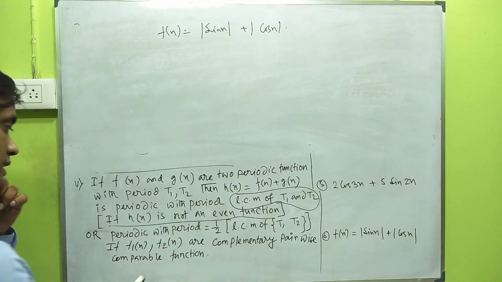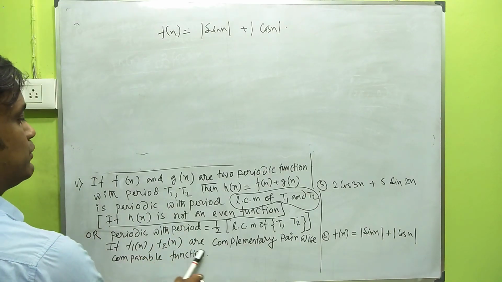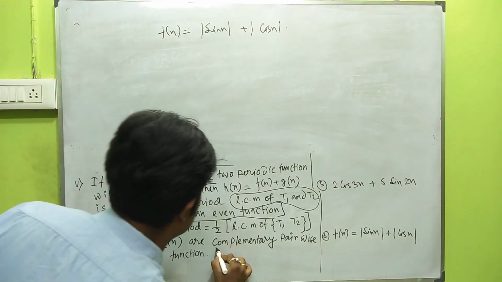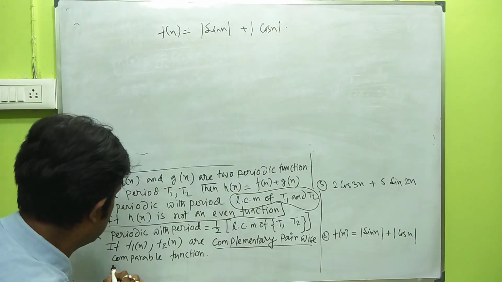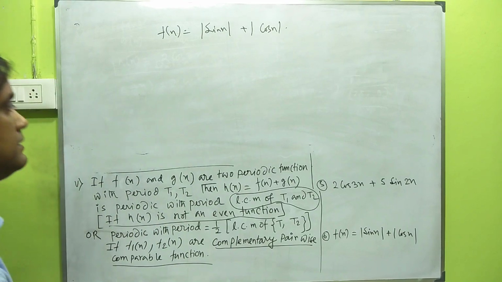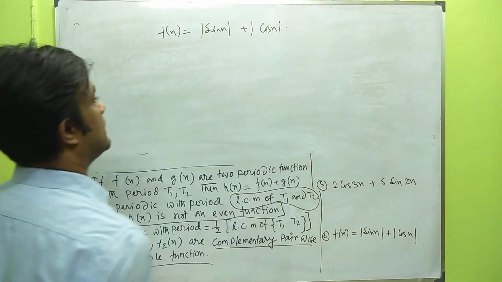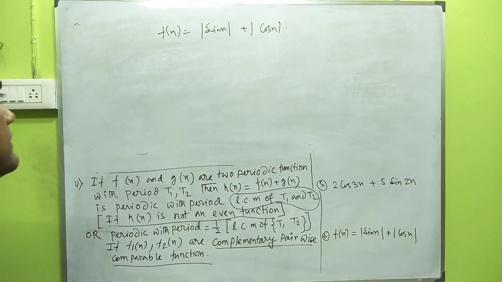What is the condition? If f1(x) and f2(x) are complementary pairwise comparable functions, note this, that is f(x) is equal to mod sin x plus mod of cos x.